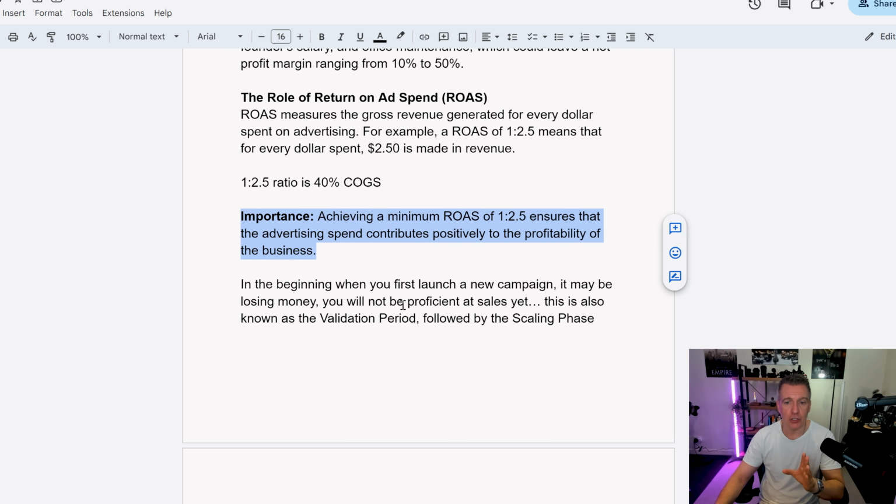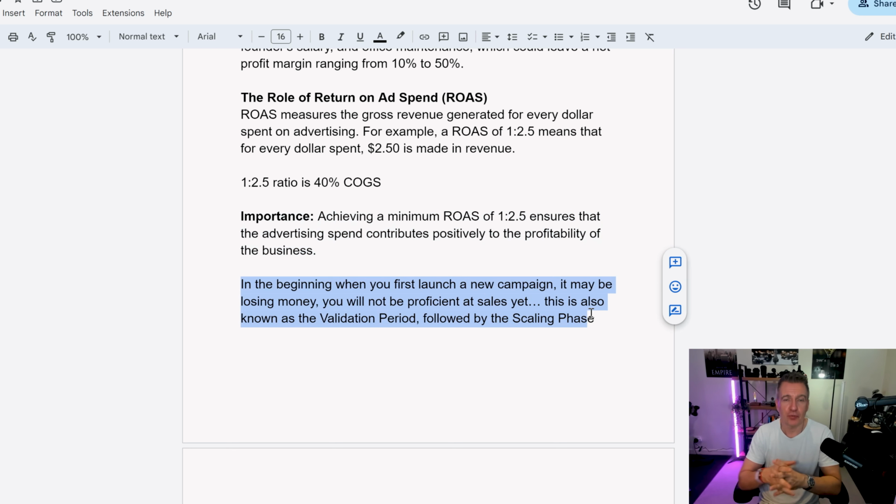So in the beginning, when you launch a new campaign, just be mindful, right? You're probably going to be backwards. You might not even make back your money. And why is that? Because you haven't optimized or validated. We get this a lot with clients. We first launch them, and within the first week, they're like, where's my clients? And it's like, what are you talking about? We just got the inquiries. We're going to get them nurtured.